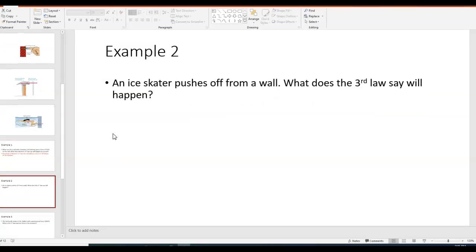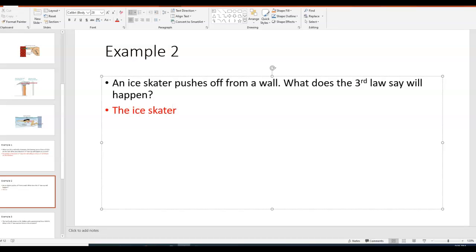Take a look at example 2. An ice skater pushes off from a wall. What does the third law say will happen? Well, we kind of talked about this already with the swimmer, but basically the ice skater applies a force onto the wall.